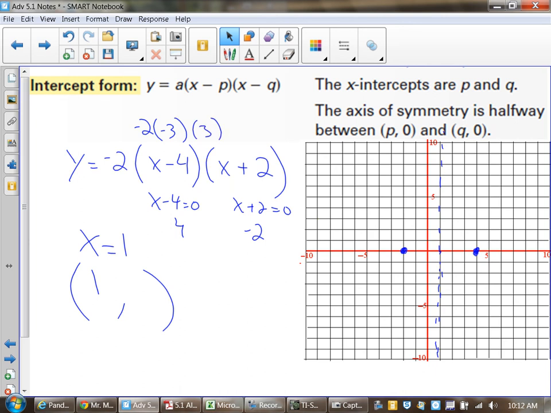So what's negative 2 times negative 3? And then what's 6 times 3? So it's up here. How about this? I'm going to go by 2's here, so it's going to be here. I'll call that 20 and call this 10. Is that okay to change the scale up a little bit? Remember, I picked these numbers randomly just on the fly just to show you guys different values of A.